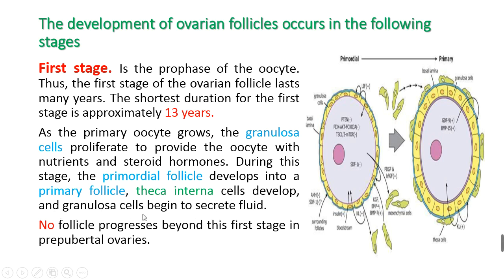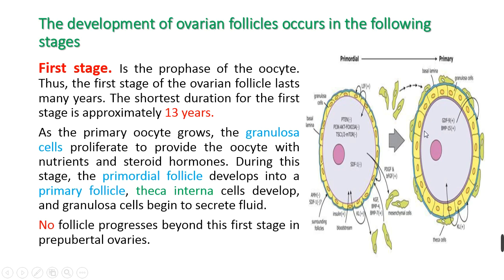And the granulosa cells begin to secrete fluids. These are the granulosa cells. As you see, there is a change in the size of these cells from the primordial follicle to the primary follicle.